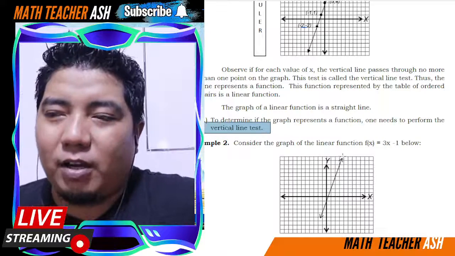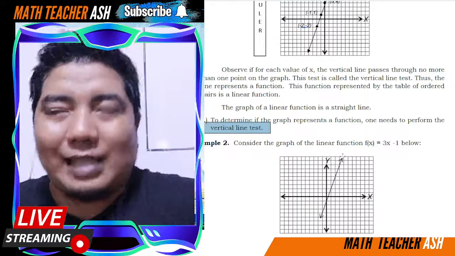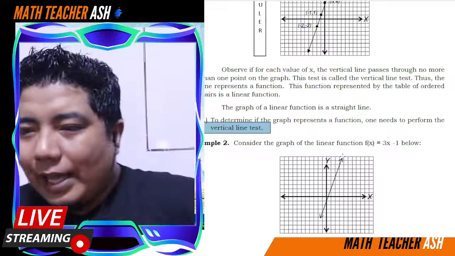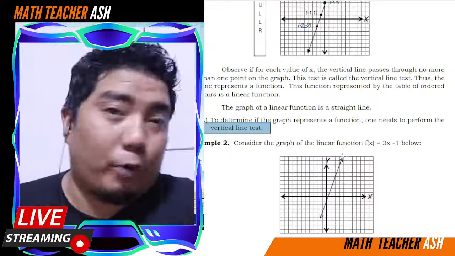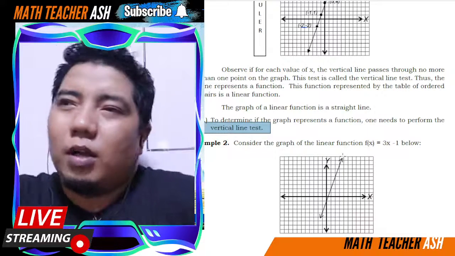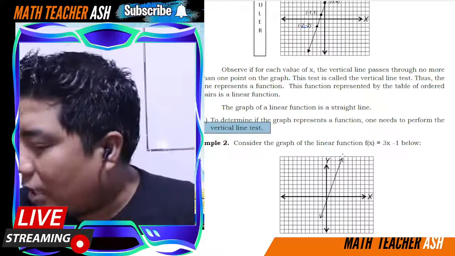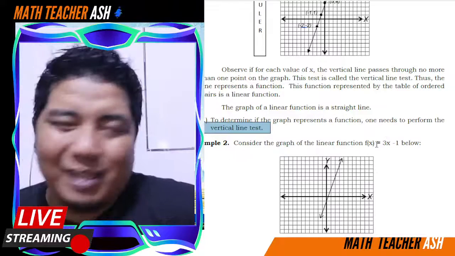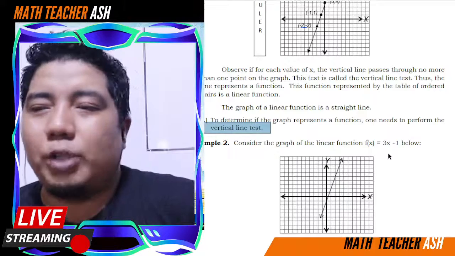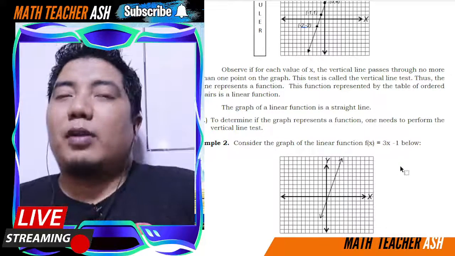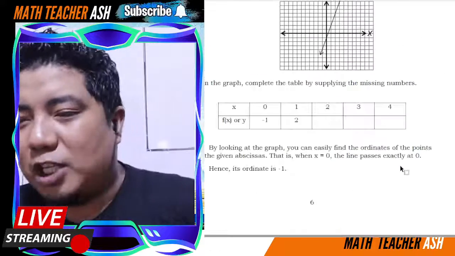If ever, tatama lamang siya, kahit saan ka mag-drawing ng vertical lines, kapag tatama lamang siya ng isang point at hindi magkakaroon ng 2 points, therefore, that is what we call a function. Pero kapag 2 points or more ang tatamaan niya, kahit isang beses lang, then that is just a mere relation and not a function.